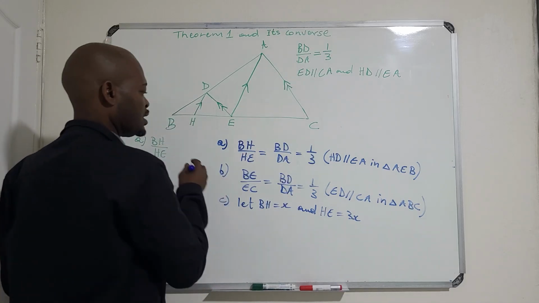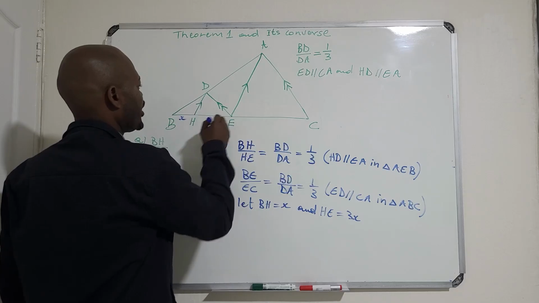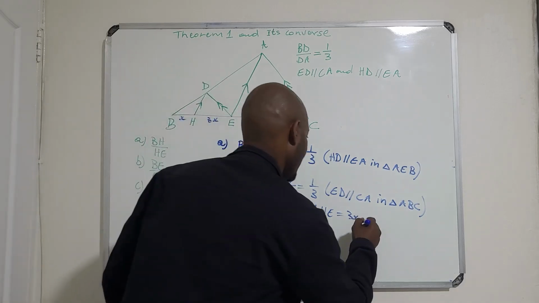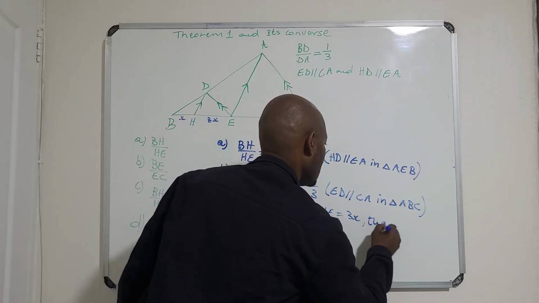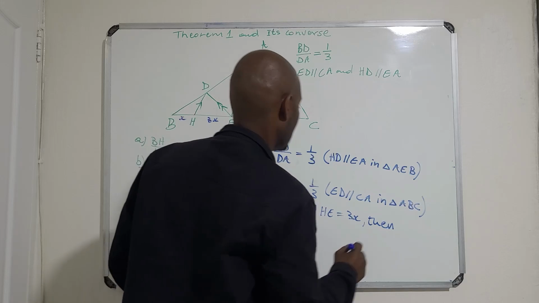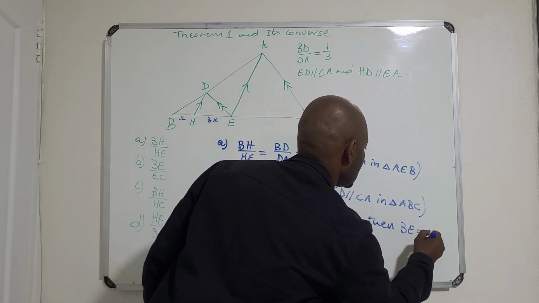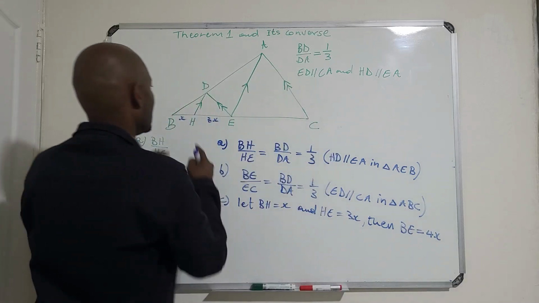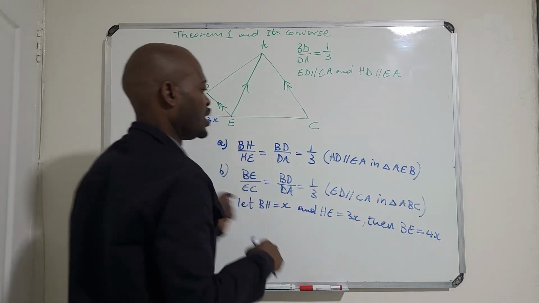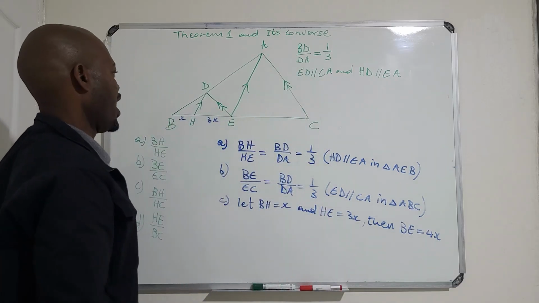Now, since here I've got X and here 3X, BE is equal to 4X, because X plus 3X gives BE.